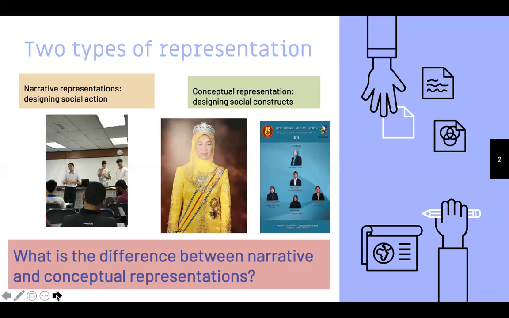So what is the difference between narrative and conceptual representations? In short, narrative representation is showing what is happening, or something being done, while conceptual representation is about the attributes, categories, what it is about.